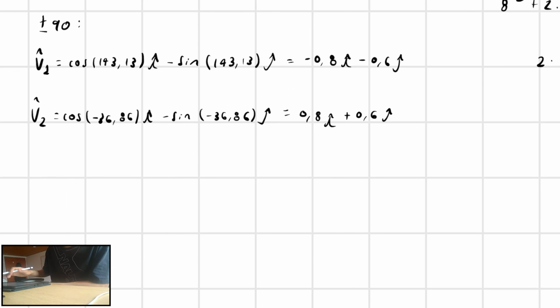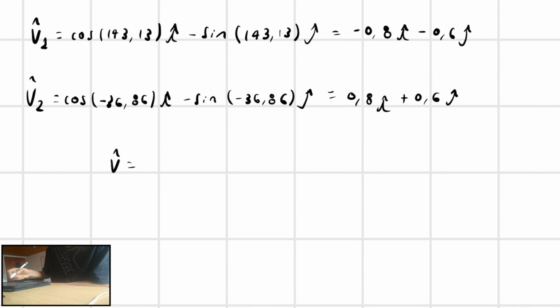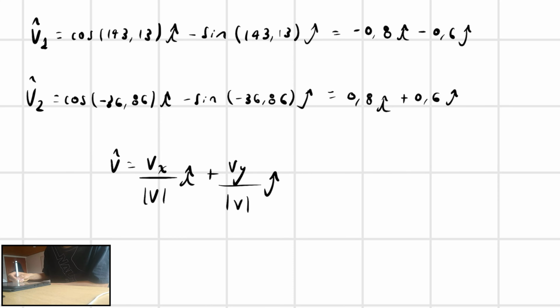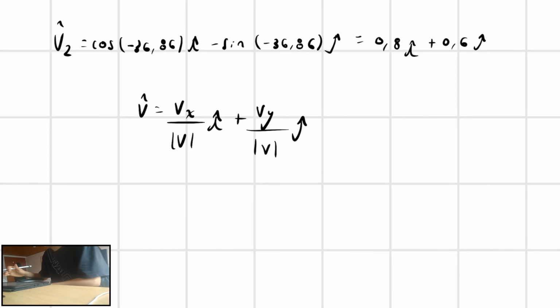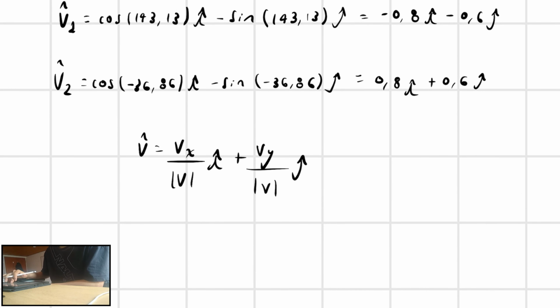So remember, the unit vector of b is going to be equal to every single component of b divided by the magnitude of b, multiplied by the direction. That means that I should be able to find these by multiplying by the magnitude of b. Why is that?